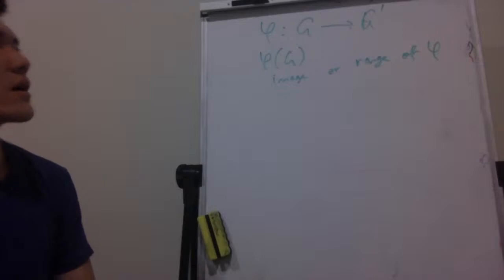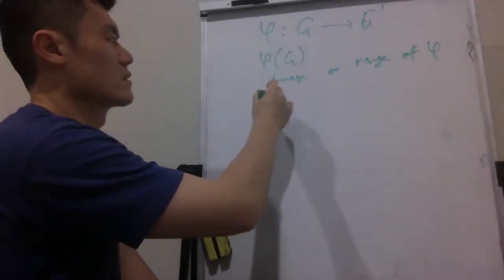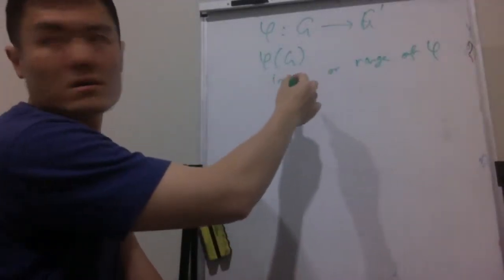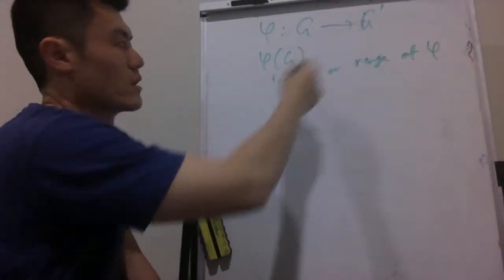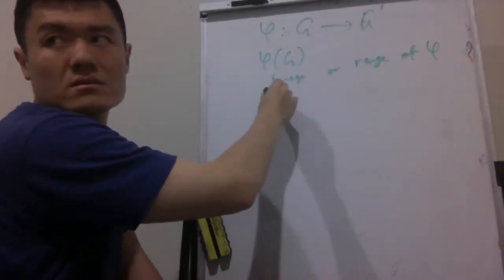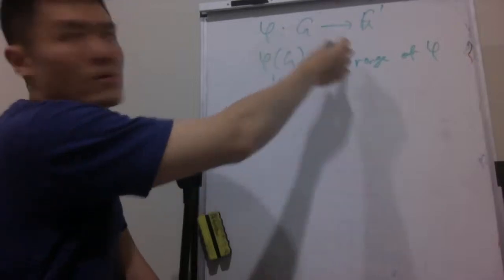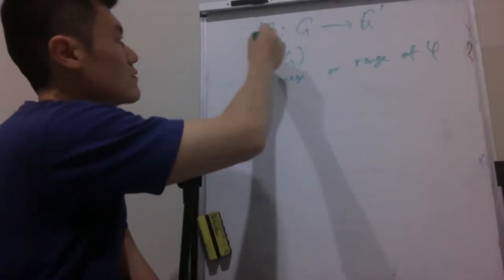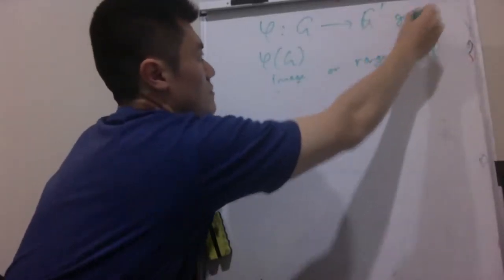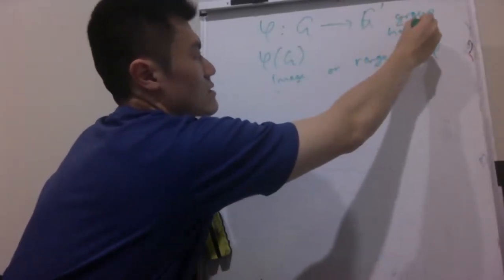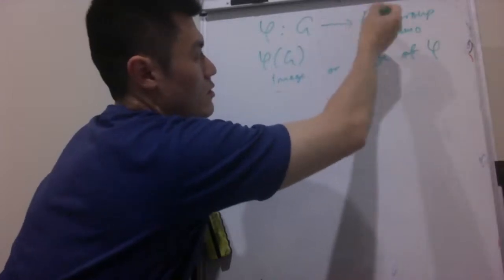So basically, maybe you can check this at home: the range is a subgroup of the codomain. If you have a group homomorphism phi, it's the same as an isomorphism, but you don't know it's invertible.